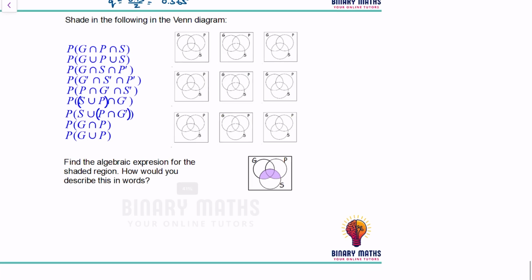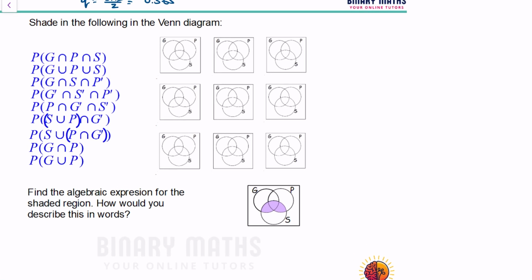Shade the following in the Venn diagram. Okay, so first one is probability of G intersect P intersect S, which is just the middle part. G union P union S is everything that's G or P or S or both or all, so everything that's one or the other, all the different combinations you can get.